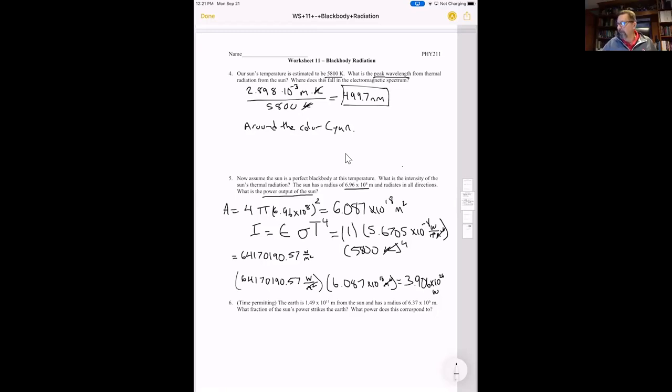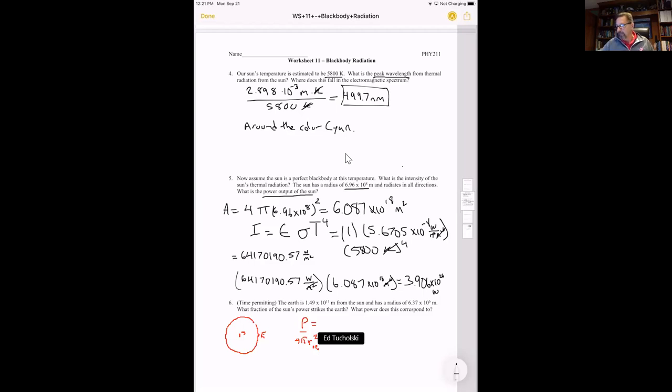So what we're saying here is, if there's the sun and it radiates out to where the Earth is, I would take that power and divide it by 4 pi times the distance out to the Earth. So that's sun, Earth here.